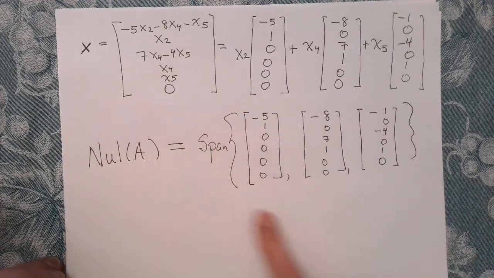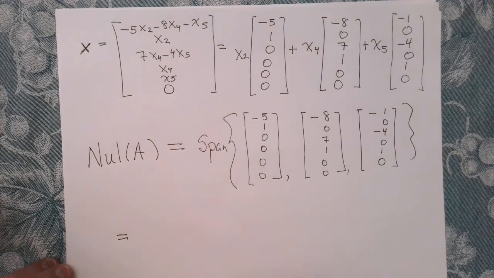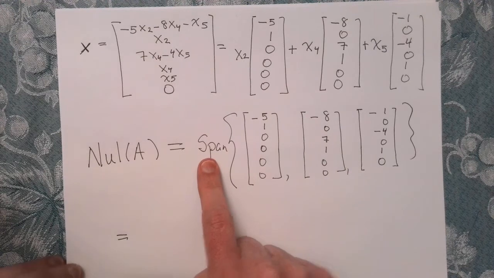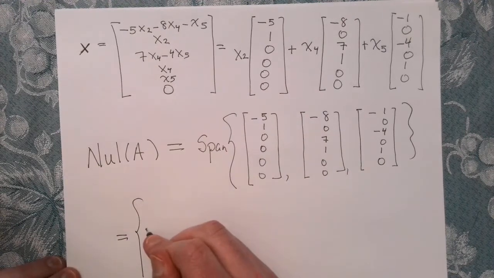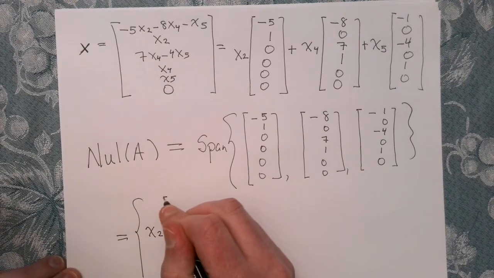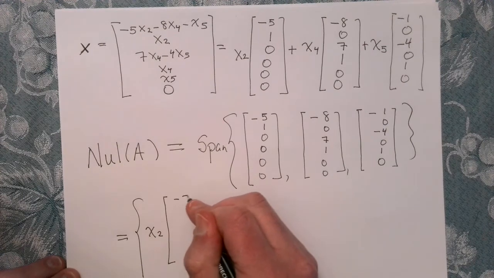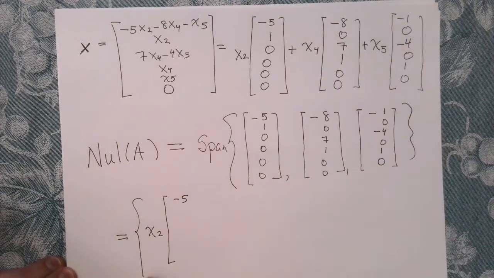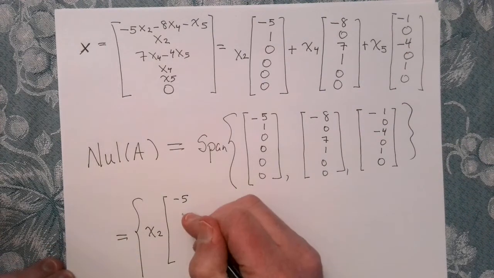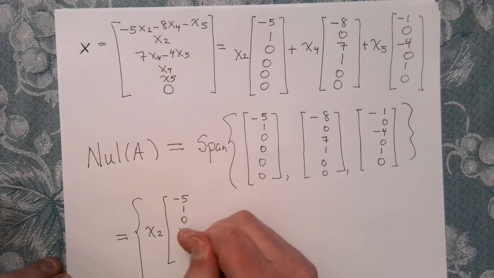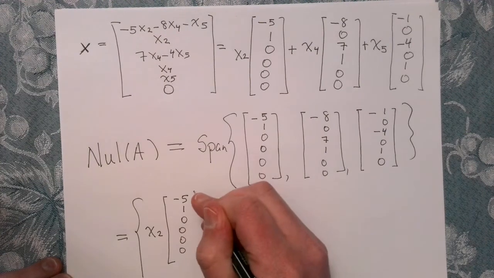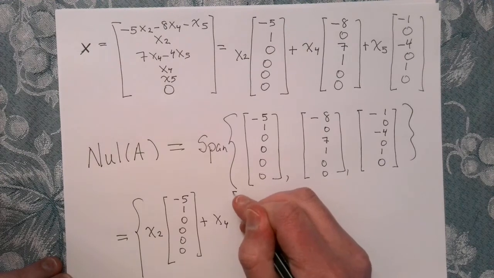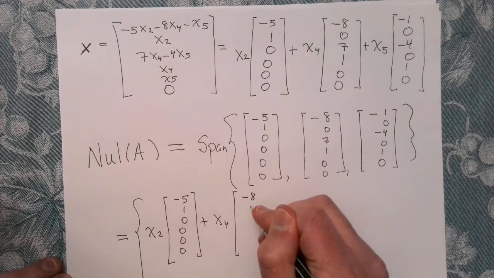And another way to write this, so instead of writing the word span, you can just remember what span means. What this actually means by definition is it's the set of all linear combinations of those three vectors. So you might be saying, how is that different than this? This is just an expression for the solution. This is the object that collects all of those. So you have to be very, very careful with your notation. Precision matters.